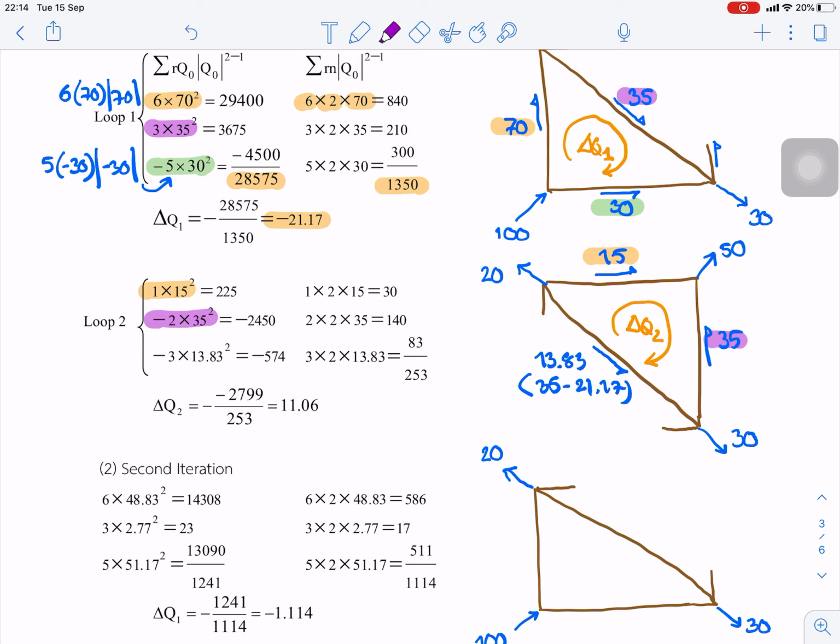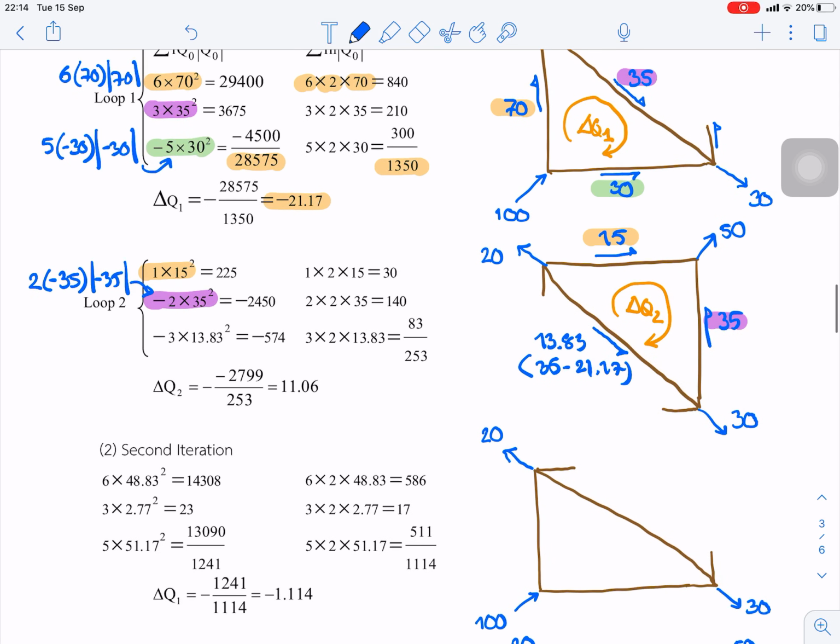So we got negative because it is similar to both, because it's a negative, and so we got negative 2,450.